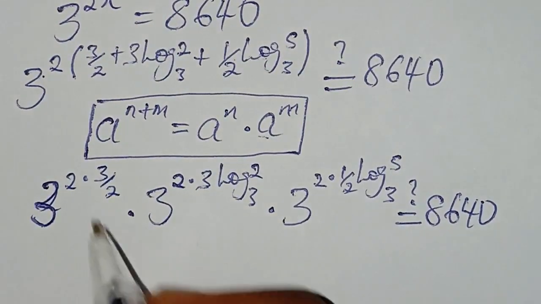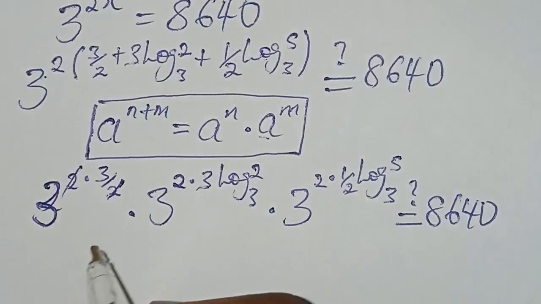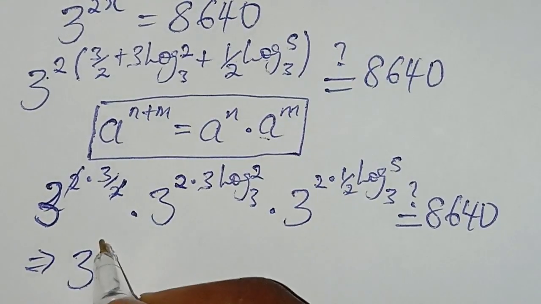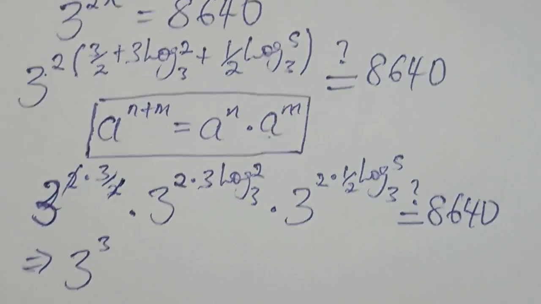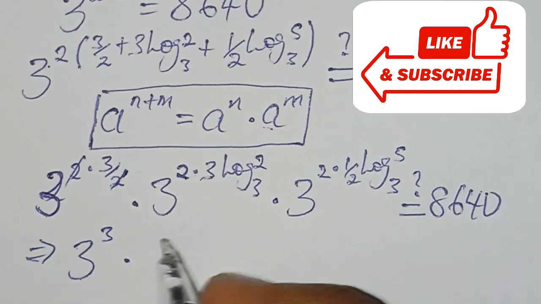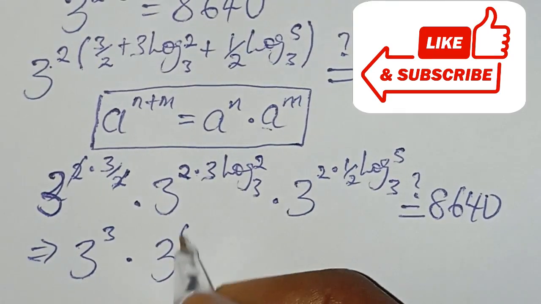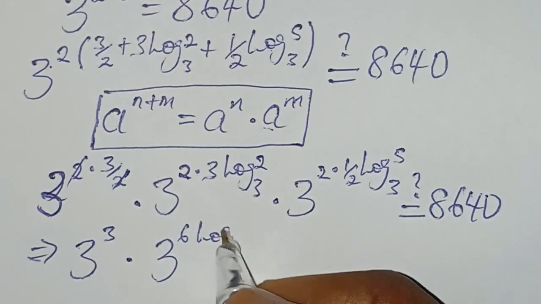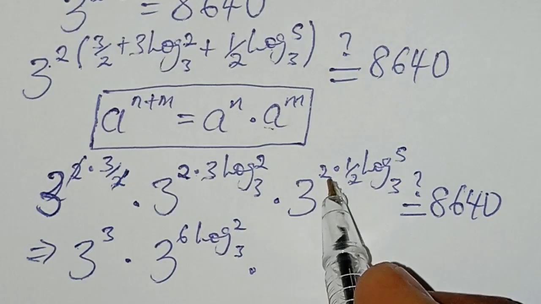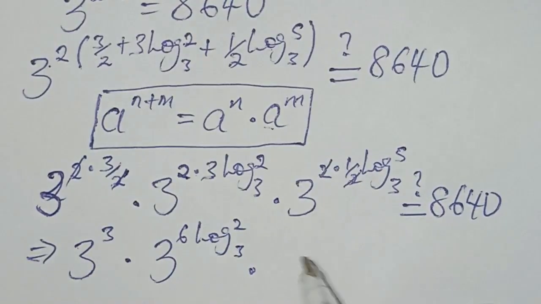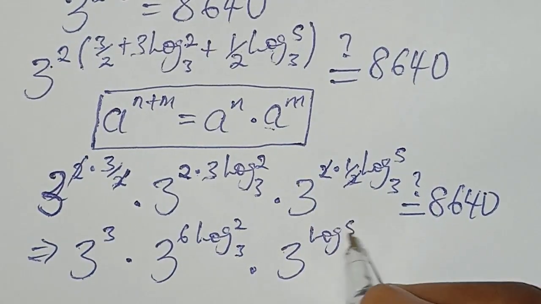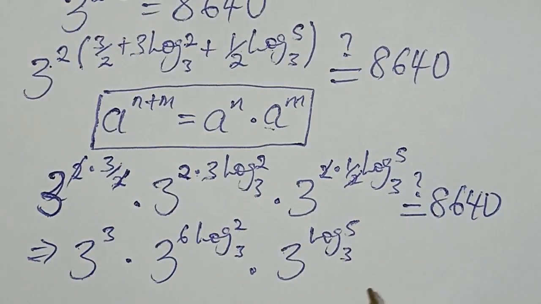Over here, this cancels out with this, and we are left with 3 to the power of 3 multiplied by, so 2 times 3 over here, we have 3 to the power of 6 log 2 base of 3 multiplied by, this cancels out with this, we have 3 to the power of log 5 base of 3.